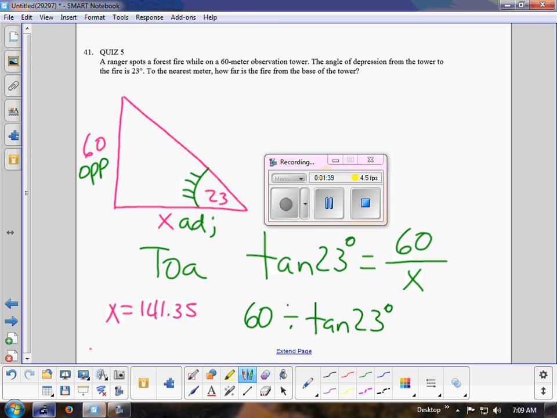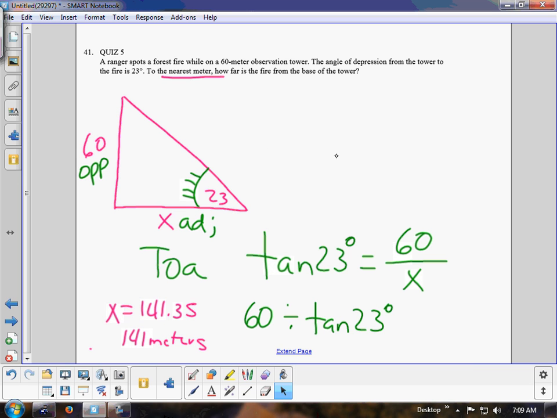It says to the nearest meter, so that would be 141 meters. And on the final exam, if this is a question, you're going to write a sentence here for your answer. Moving on to the next question.